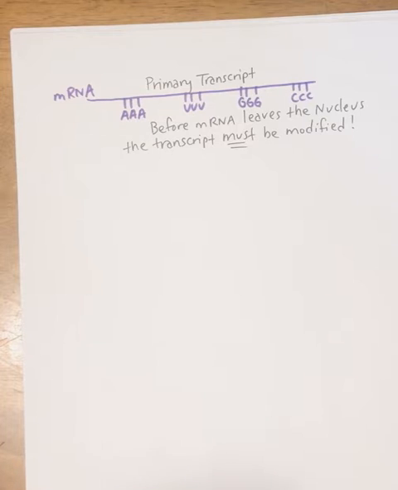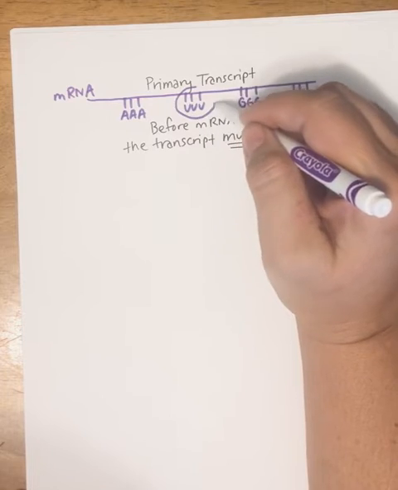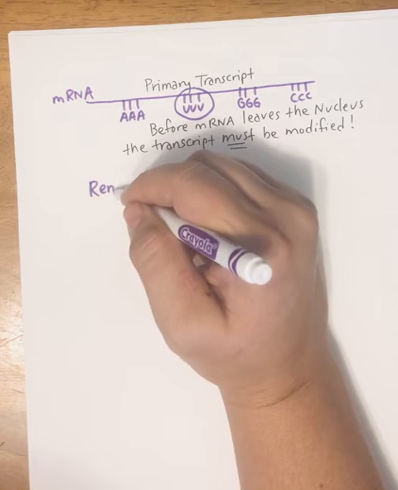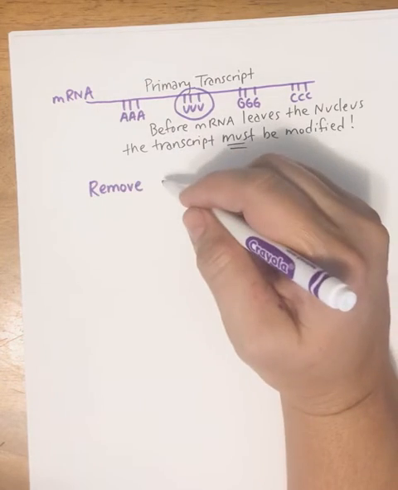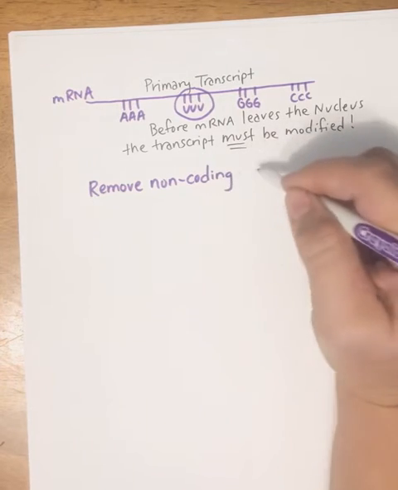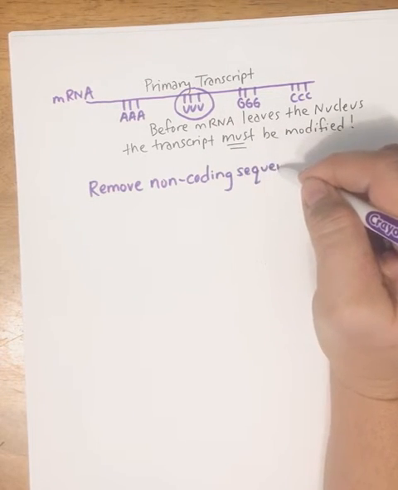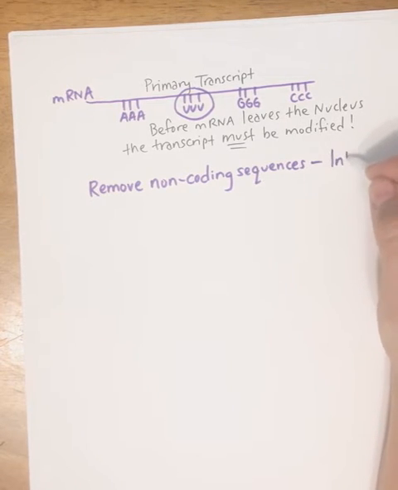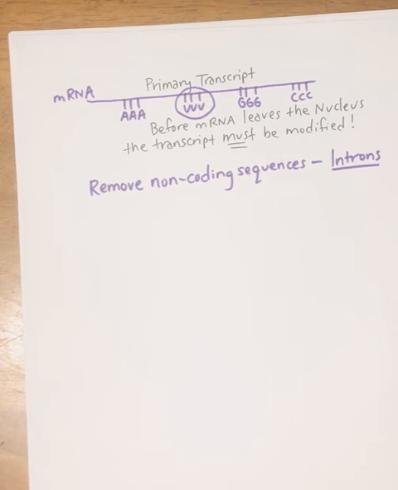So the first thing that we need to do is remove non-coding sequences. Non-coding sequences are called introns. So let's just say that UUU is non-coding. You have to remove non-coding sequences, which are called introns. You have to literally remove them.